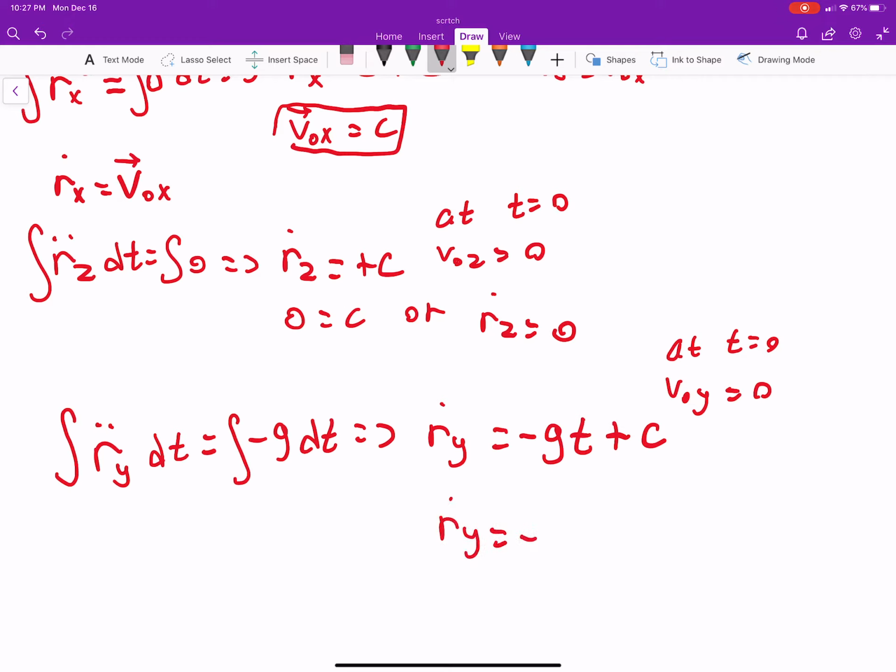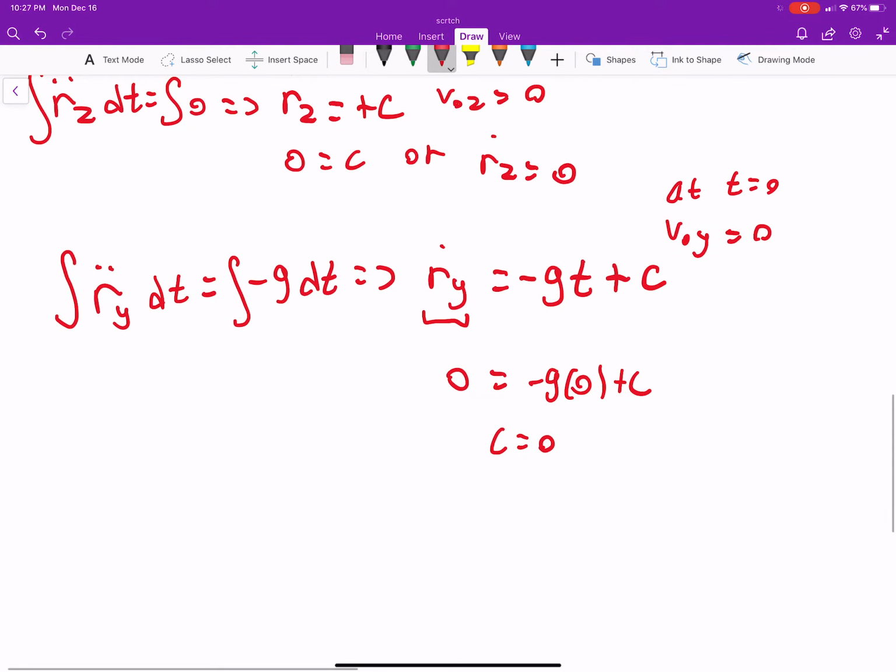So r dot y is just minus gt. And if you want to know what I'm doing here, I'm saying our velocity in the y direction is 0, so that's this part, equals minus g times 0 plus c, c equals 0. So we can just conclude r dot y is equal to minus gt.